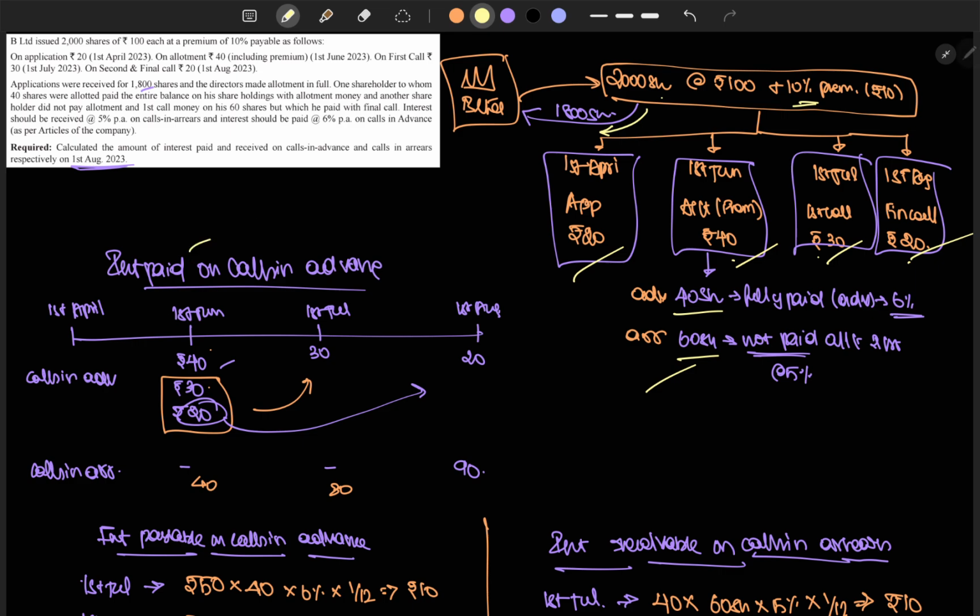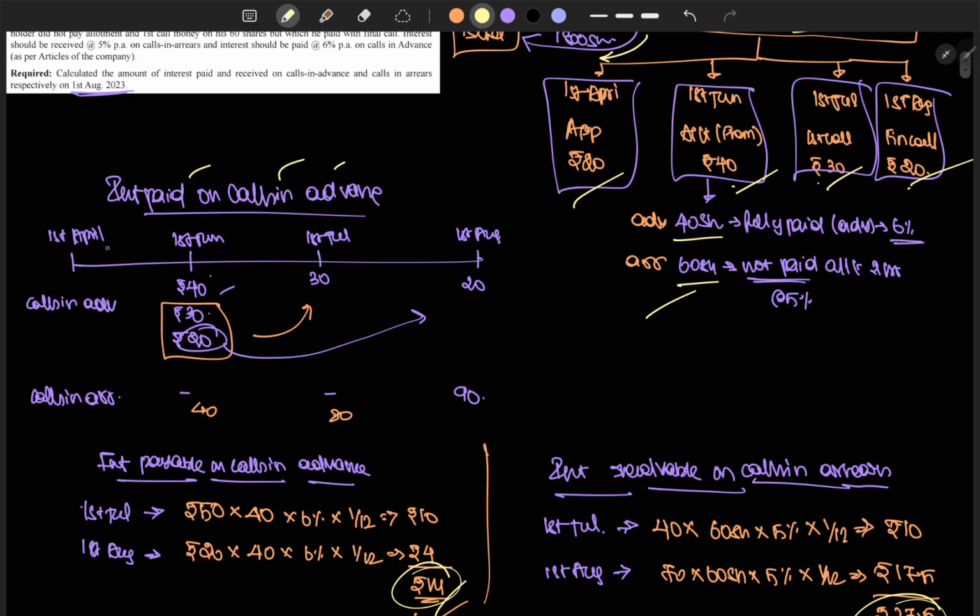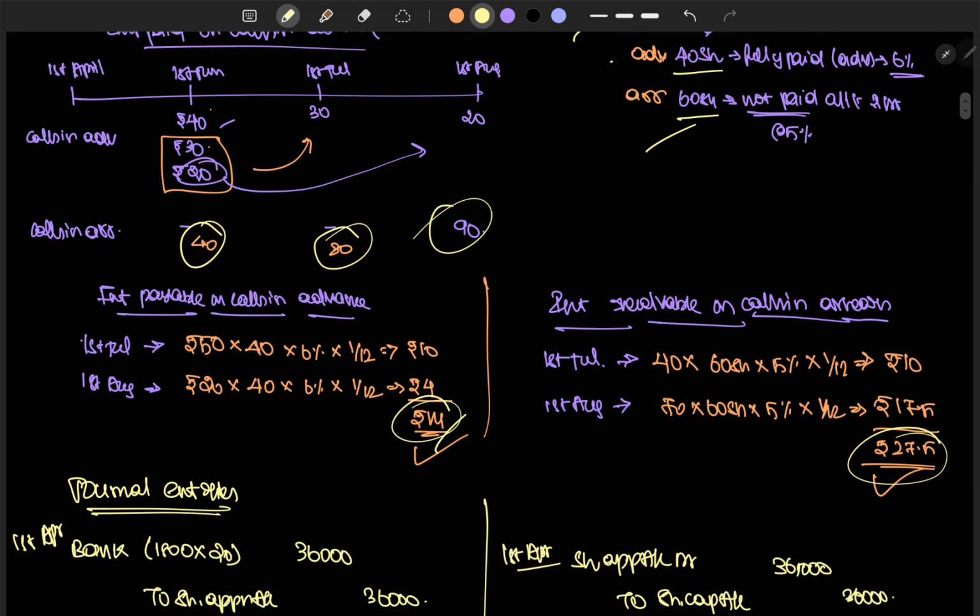Interest paid on calls in advance from 1st April, and we have created a timeline. On the timeline, we have received 40, 30, 20 in a single payment from the 40 shareholders, and we did not get the 40, 30 on June and July respectively, and we have entirely received the money on August, right? So with this data, we have found the interest payable on calls in advance and interest receivable on calls in arrears.